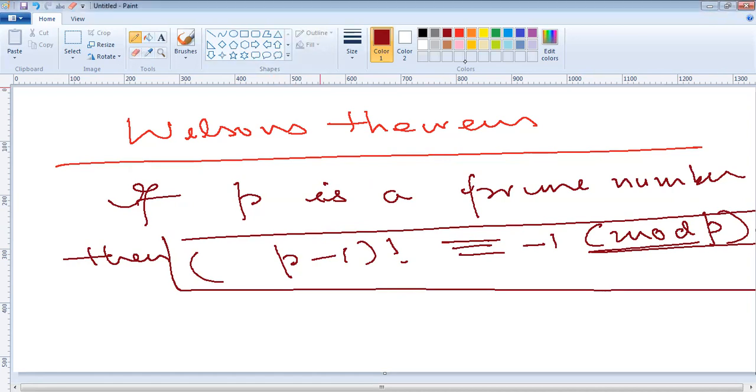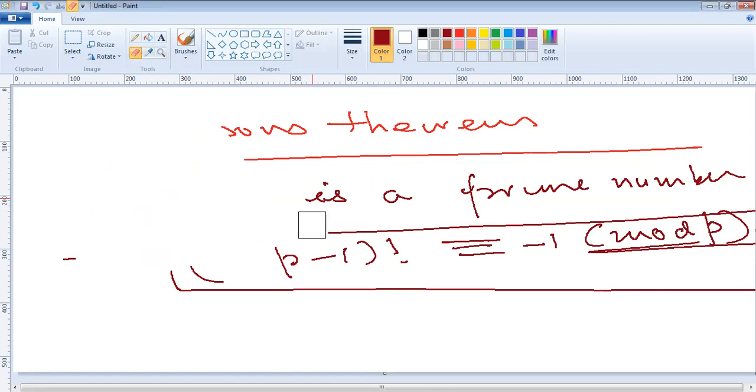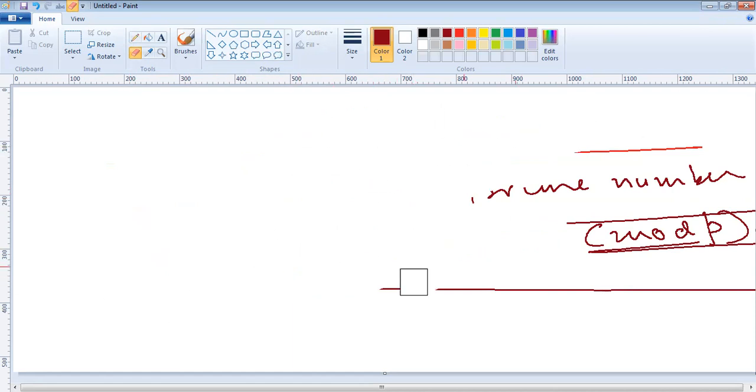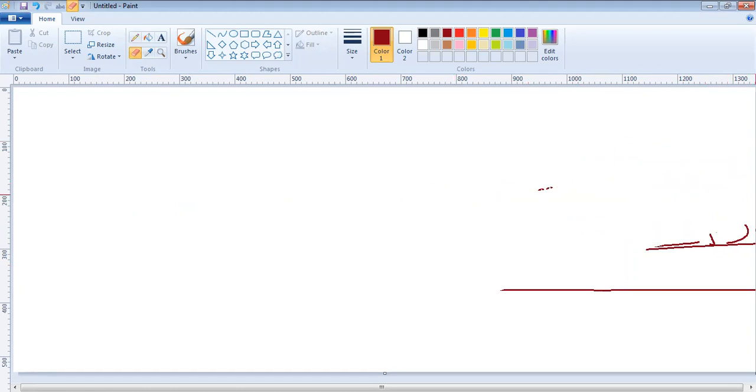Among prime numbers we have either even prime or odd primes. Yes, among the primes we have only one even prime number.